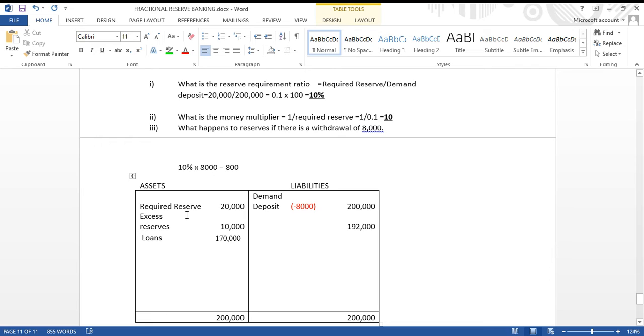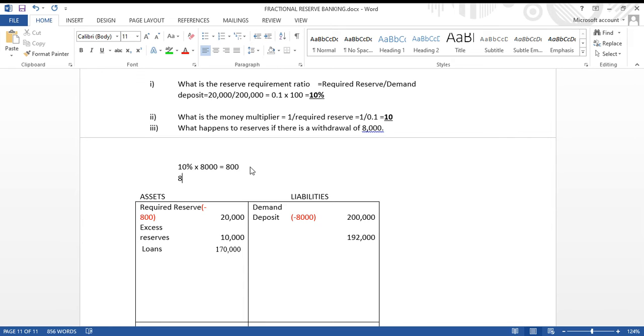So the required reserve will reduce by 800. And then, to see how much is going to be removed from the excess reserves, 8,000 minus 800 is 7,200. So from the excess reserves, 7,200 will be removed.